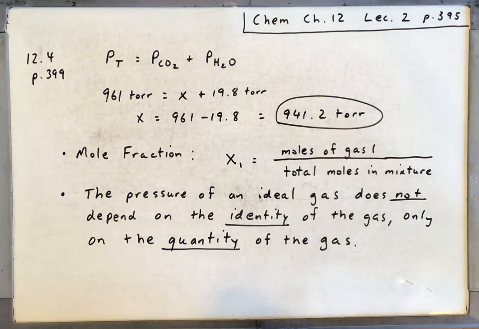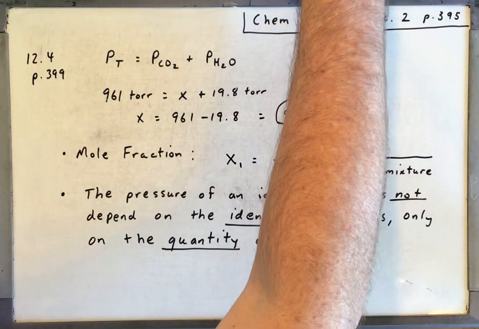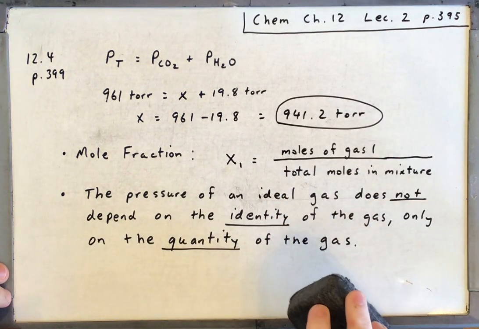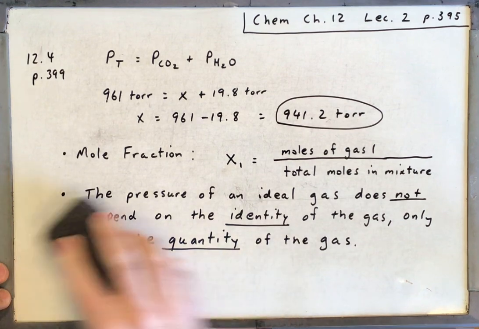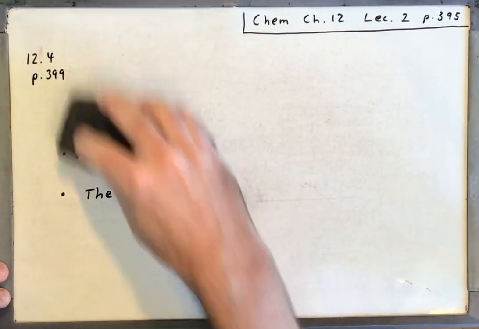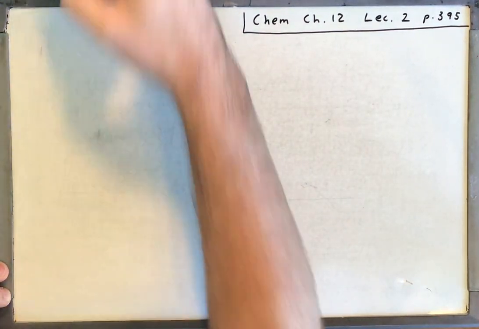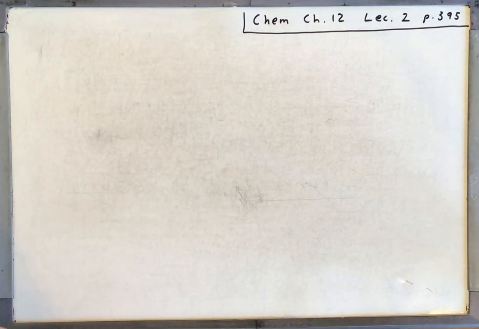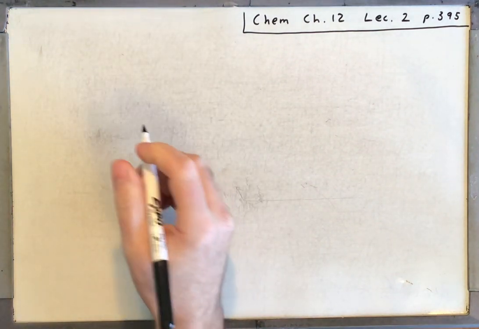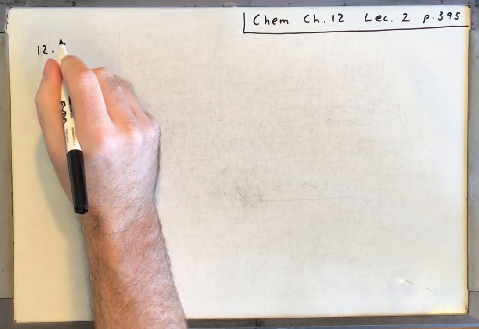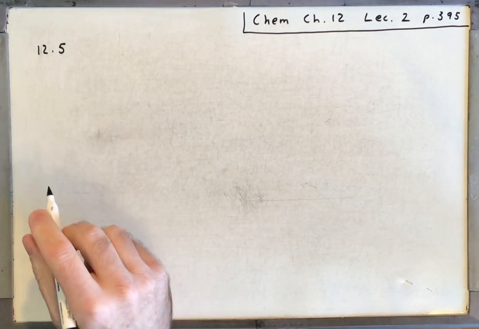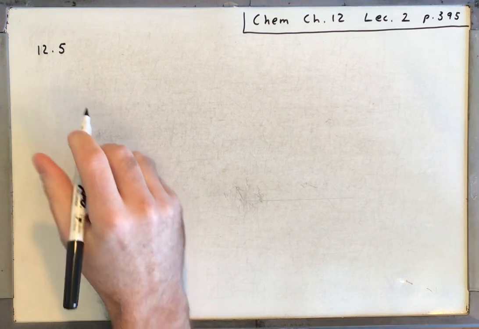All right, so let's look at 12.6. Oh, by the way, let me erase this, and then I'll put the next equation up. All right, so we're going to refer back to your mole fraction equation, and let's do 12.5, and we are on page 400.